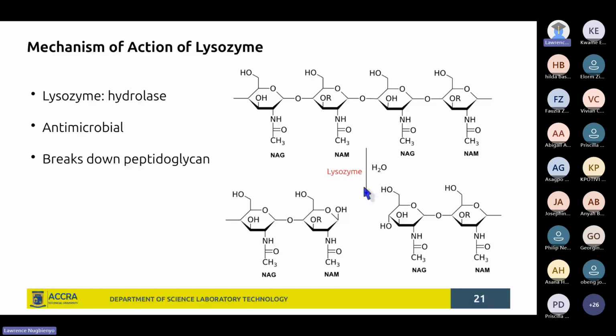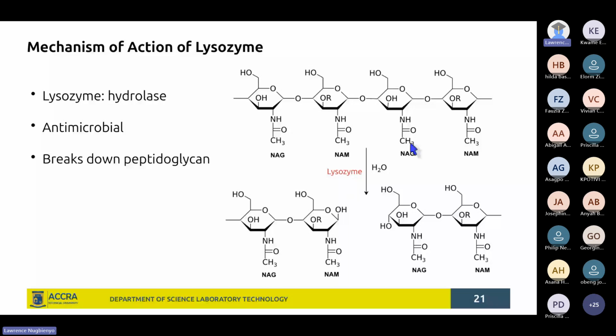And so you see, the peptidoglycan being the major component of the cell walls of bacteria, and lysozyme can break down the peptidoglycan, then of course what is going to happen is that it will result in bacterial cell death, because once the cell wall is broken, it's like the bacteria ruptures, its contents release, no more cell, and that's it. Bacteria is destroyed. So that's the mechanism of action of the lysozyme.